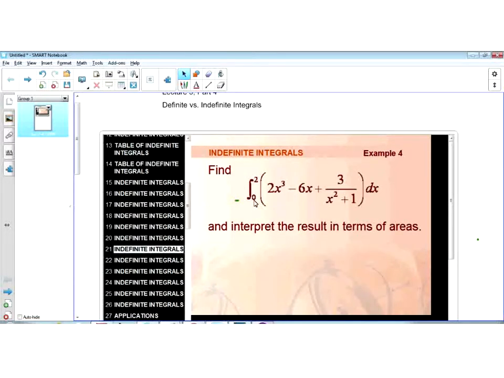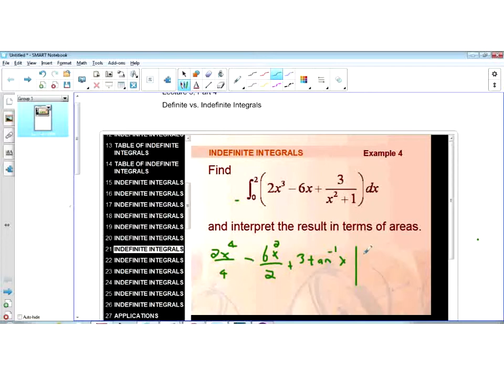Find the definite integral from 0 to 2 of this function. We just go term by term taking antiderivatives. So this would be 2x to the fourth over 4 minus 6x squared over 2 plus 3 inverse tan x.